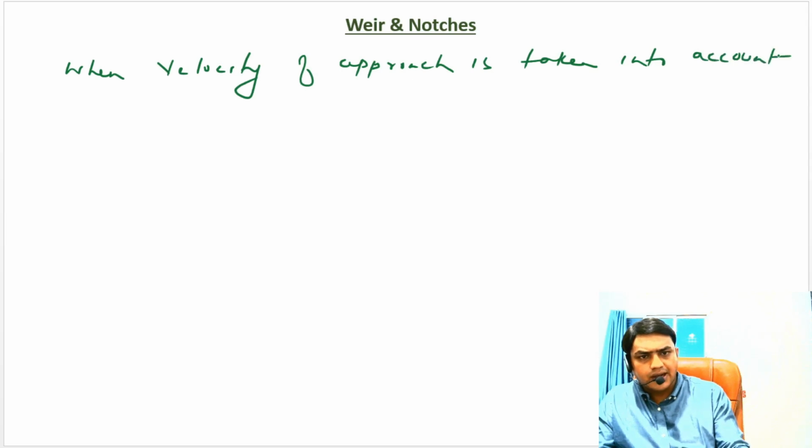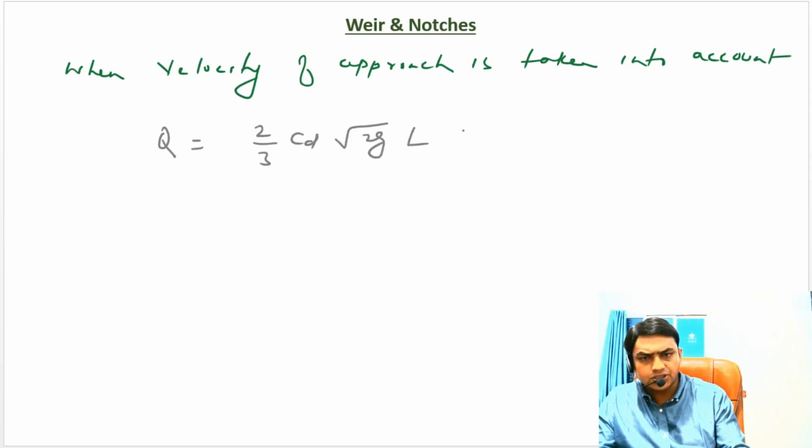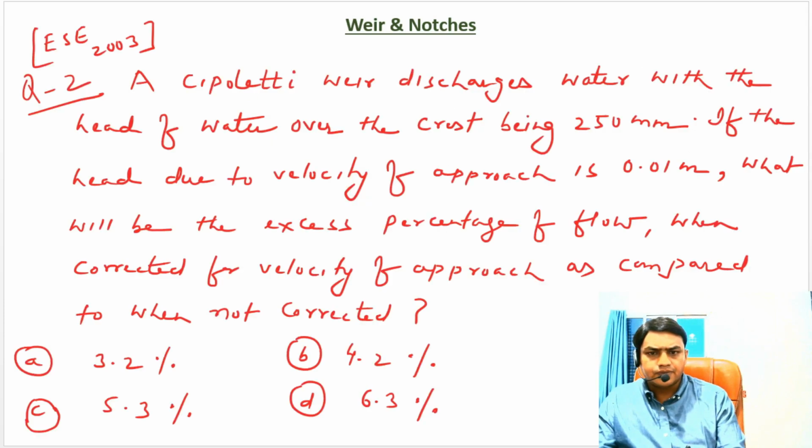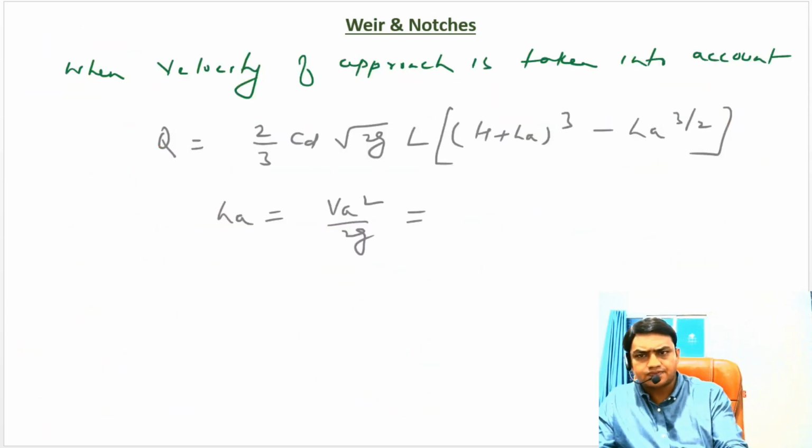in case of suppressed weir, we have already derived the expression of discharge. So the expression is 2/3 of Cd root under 2g into L into (H plus Ha) to the power 3 by 2 minus Ha to the power 3 by 2, where Ha is the approach head, that is equal to Va square by 2g, and it is given in the question that it is equal to 0.01 meter.